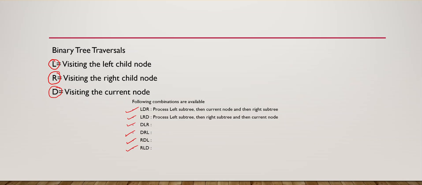Basically what it is saying is, in case of LDR, first process the left subtree, then process the current node, then process the right subtree. Same thing with all the other combinations.